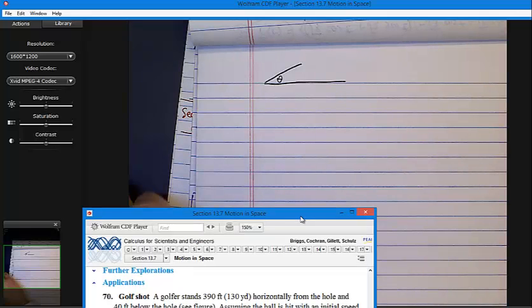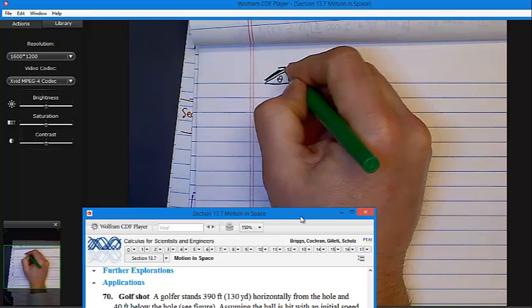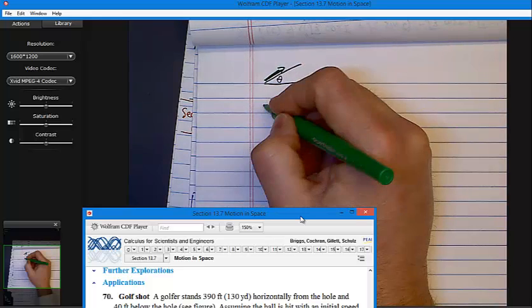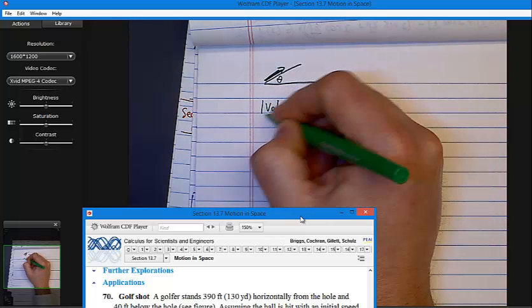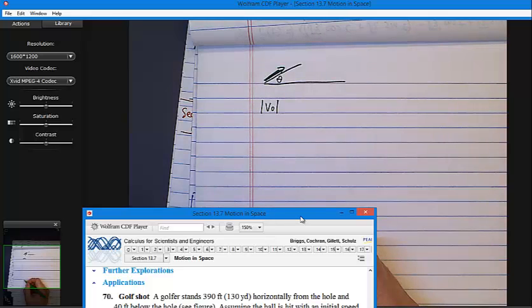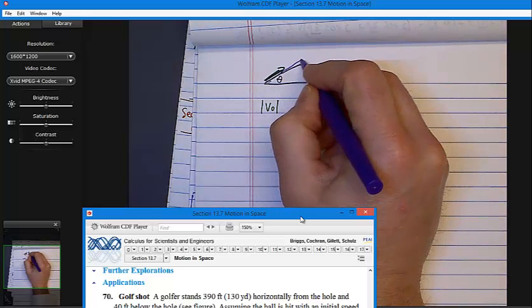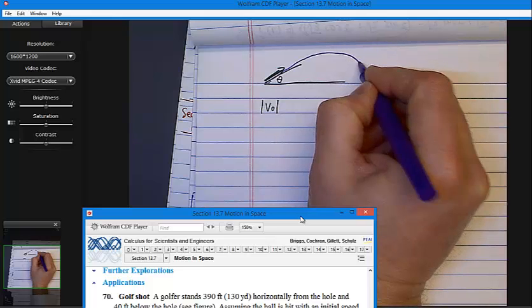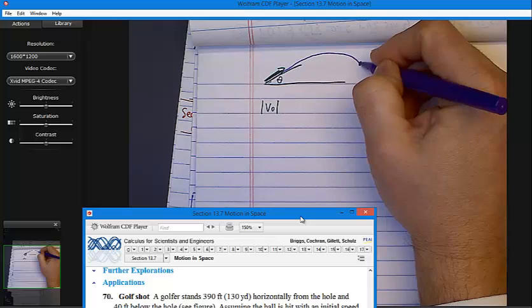And what we know is we know the length of V naught, right? We know the length of V initial. We know that after you hit the ball, it's going to take a parabolic path, right? You could say we understand that from physics, or you could say we understand that because we read the section, and we worked out some of those formulas with you.